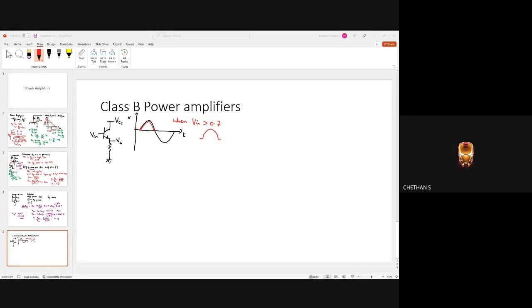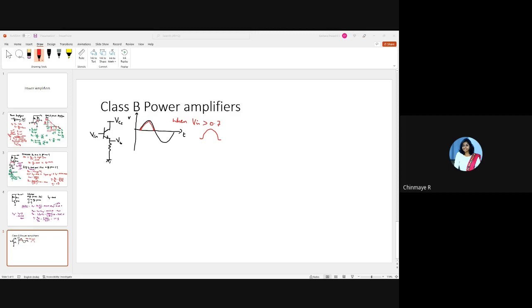Use another BJT to work in negative. So we'll need another BJT. Should I use an NPN transistor again here? Now you know that in the case of an NPN transistor, when Vin is positive and when VBE is greater than 0.7, it will work.